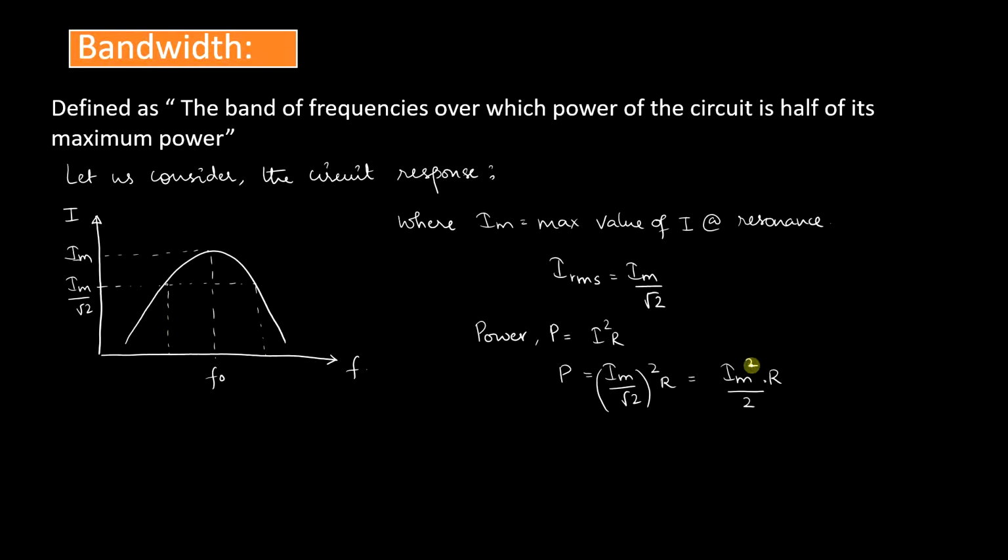If you consider the expression for the maximum power, P max is equal to the maximum value of current squared into the resistance. When you compare this expression with that expression, you can see that Im square into R is P max, so this is equal to half of the maximum power.